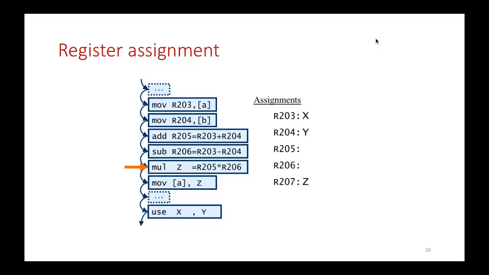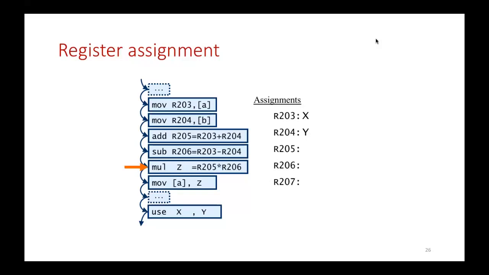But the thing to notice here is that register 207 is no longer used. If you keep looking up in the program, this is the last use of register 207. So after this point, it doesn't need to hang on to the assignment for register Z. After it's done this assignment, it basically says, I'm done with register Z. Somebody else can use it. So it'll free it up for someone else to use. It's a definition, so this is going to be the first def point here.